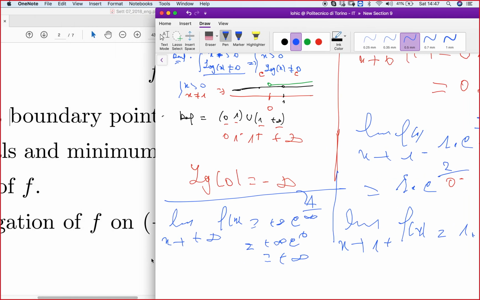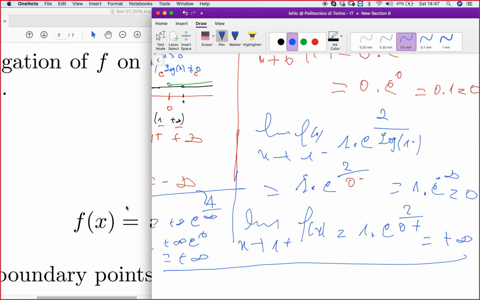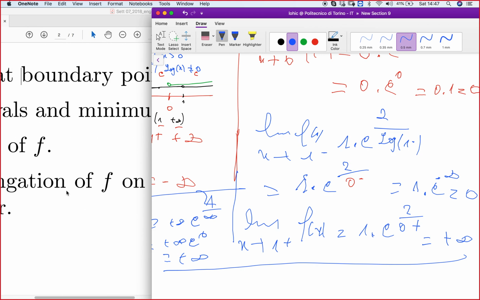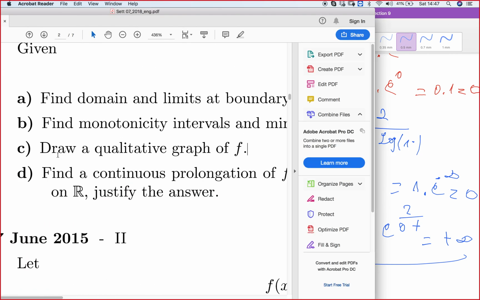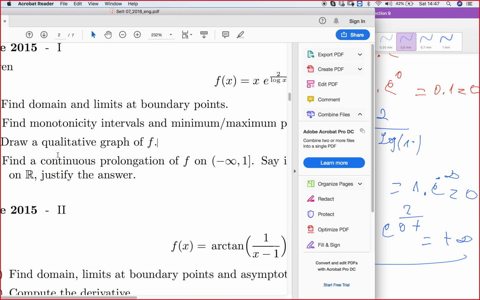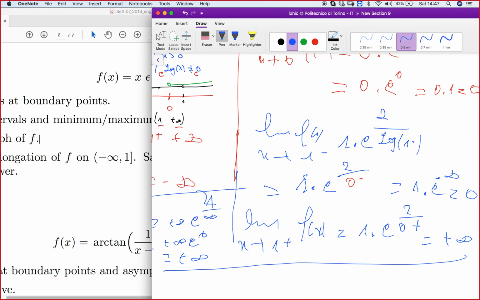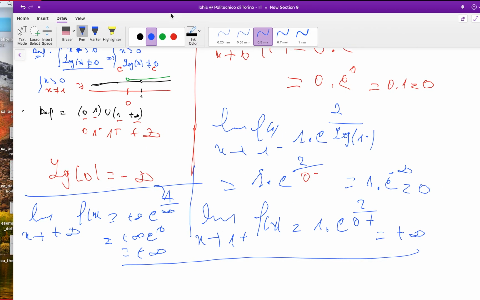This solves the domain and the limits at the boundary points of the domain. Next question is to find the monotonicity intervals and minimum and maximum points. Let's make this bigger.